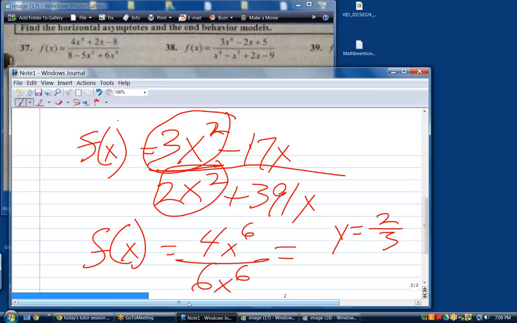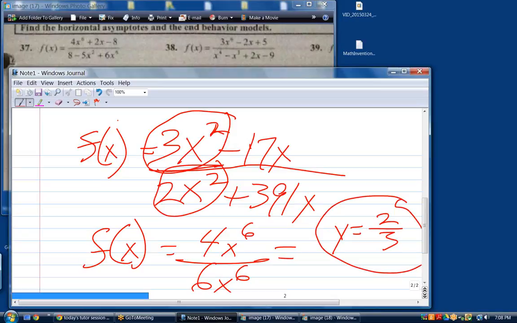In other words, as x goes to infinity, f of x goes to 2/3. Okay, so the end behavior you would just put y in, is the same as f of x. What were you saying? For the end behavior model, you would just put in like the 4x to the 6th over 6x to the 6th? Yes, nothing else matters. Okay.